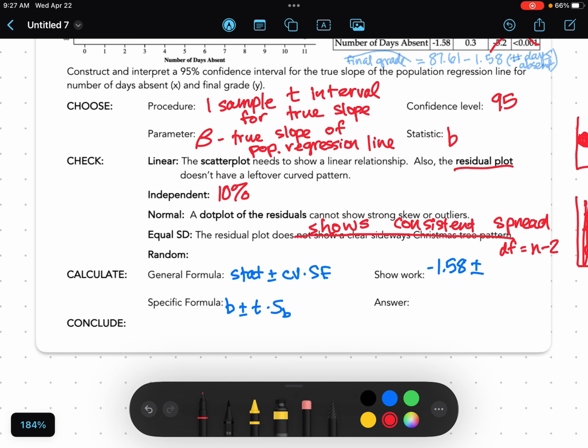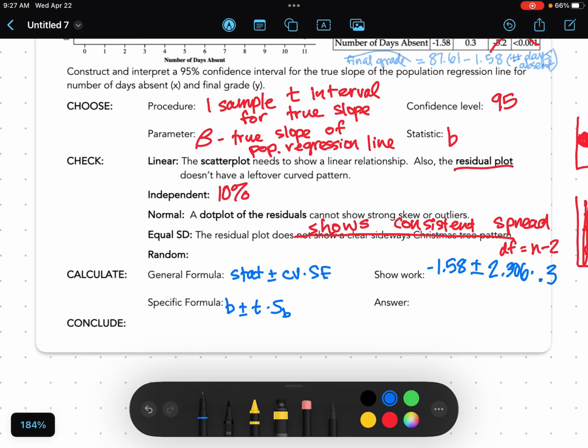So we're going to go to our T table that you guys all have in your formula sheet, and we're going to go to 8 degrees of freedom and look for 95% confidence. So 95% confidence for 8 degrees of freedom should be 2.306. 2.306 times, and they gave us the standard error, 0.3.